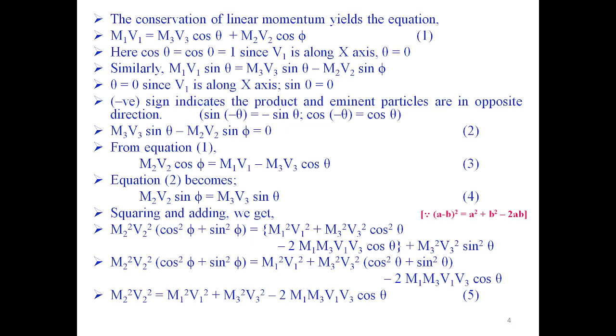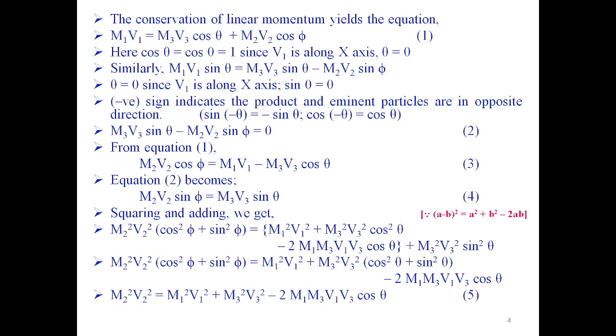Similarly, the vertical component: m1 v1 sin theta, which is equal to m3 v3 sin theta minus m2 v2 sin phi. Here theta equals 0, since v1 is along the x-axis, so sin 0 equals 0 because there is no vertical component before collision. And the negative sign indicates the product and emergent particles are in opposite directions.